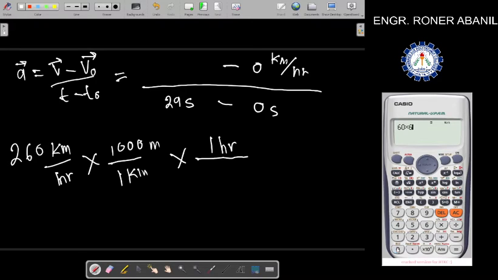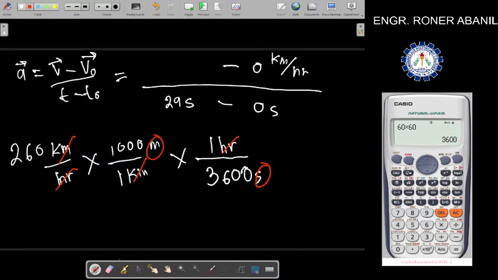Tapos, 60 minutes, 3,600 seconds. So, check natin siya, no? Yung kilometer, makakancel. Okay? Yung hour, makakancel. Then, matitira meters per second.